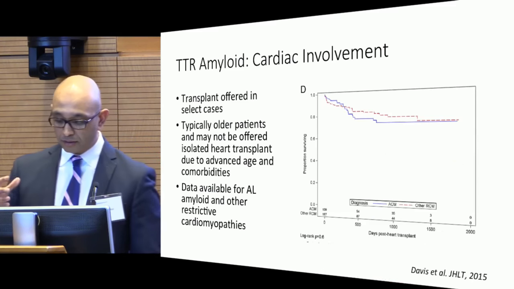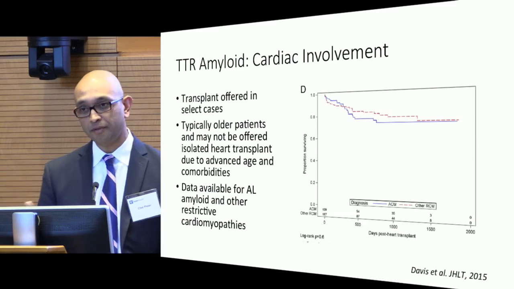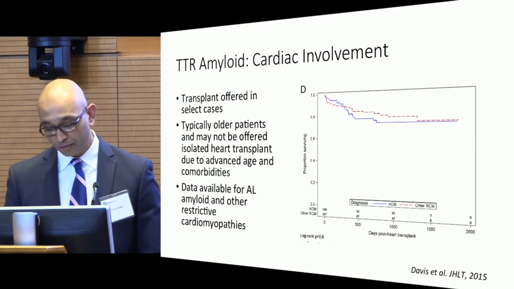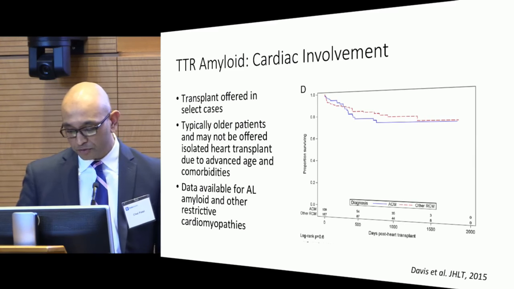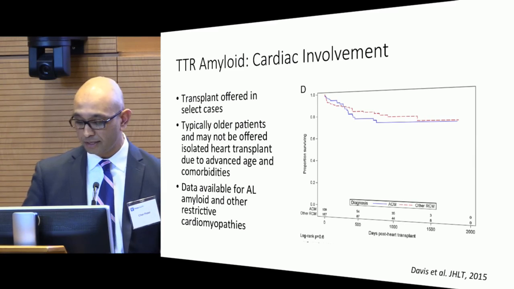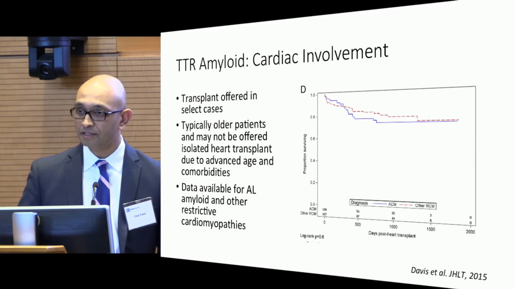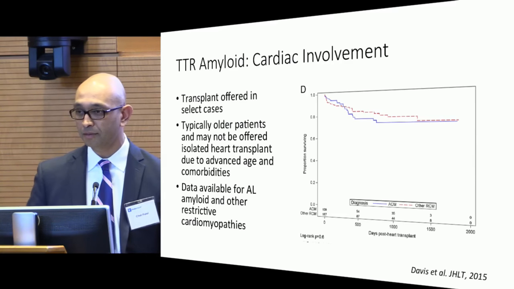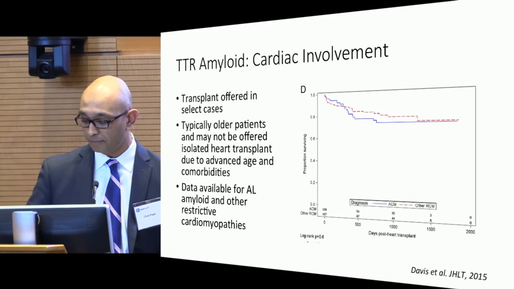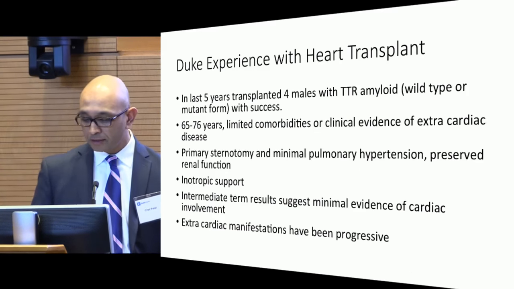However, if you look only at those that had restrictive cardiomyopathy and compare those to patients who had amyloid, survival rates were reasonably successful after adjustment. So it is a possibility to replace the failing heart that has been affected by amyloidosis with a cardiac allograft.